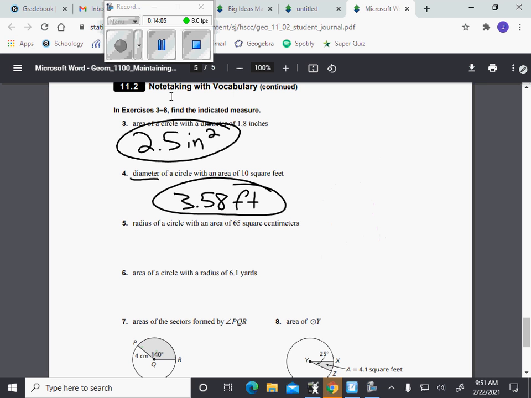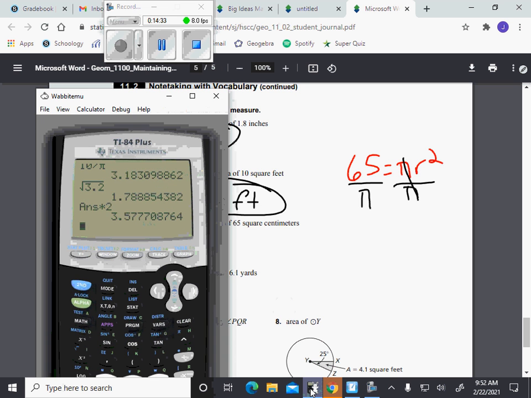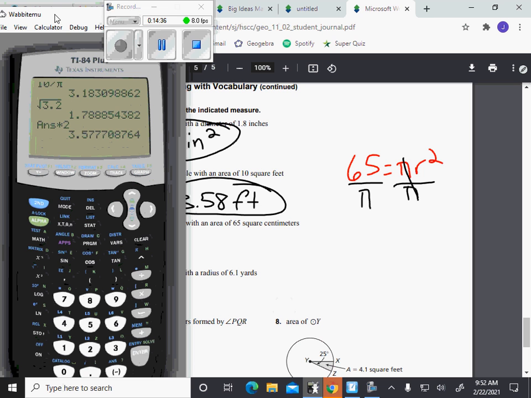Okay, number 5. The radius of a circle with an area of 65 square centimeters. So the area is 65. That's equal to pi r squared. And again, we want to solve for r. So how do we do that? We're going to divide both sides by pi, and then we're going to take the square root. Okay, so quickly here. 65 divided by pi is equal to 20.7.